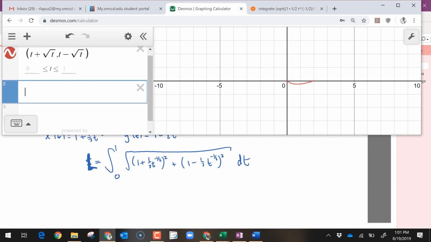So this is my curve. Just by looking at it, can you give me an estimate? A little bit bigger than 2, right? So we should get an answer that's a little bit bigger than 2.